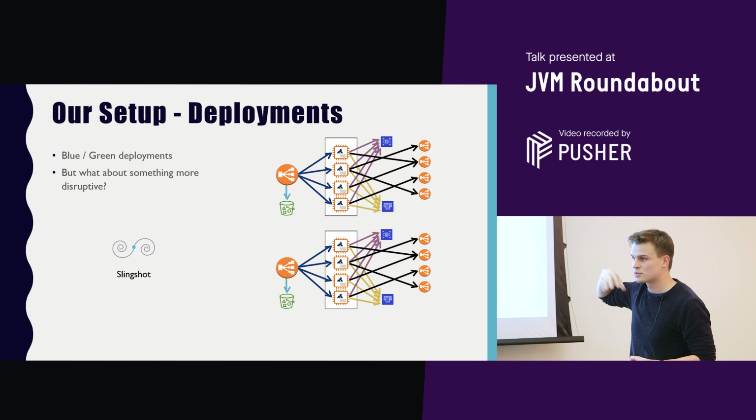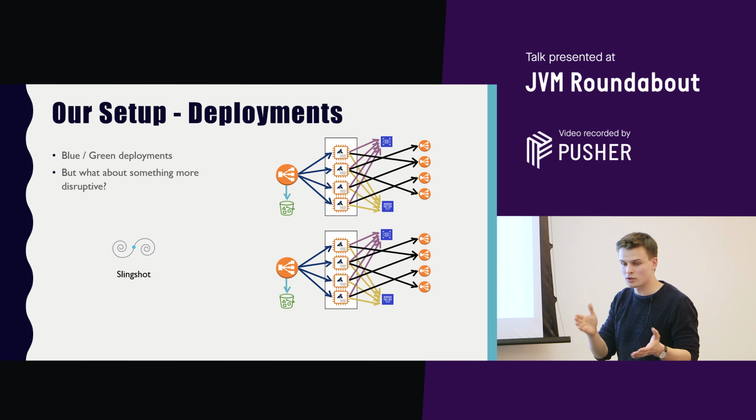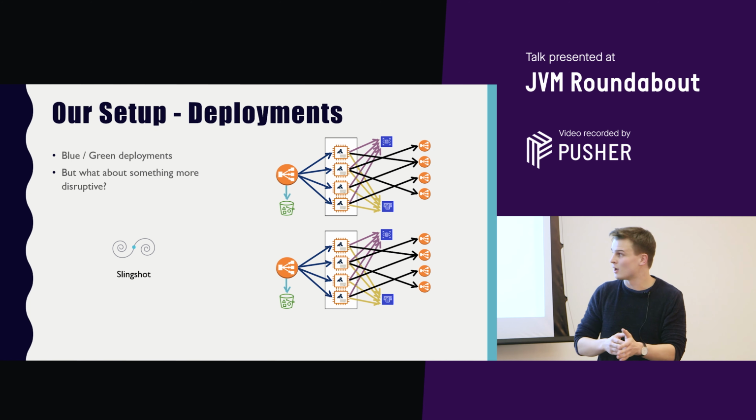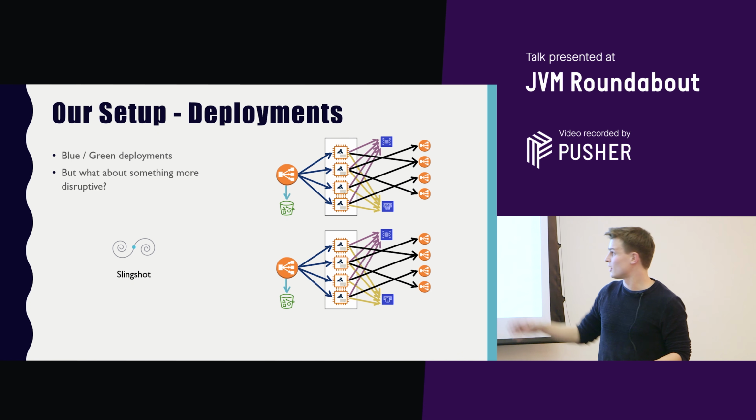They both have some DNS records, and Route 53 has these weighted endpoints, and that means when someone does a DNS lookup for your service, you can say, I want 99% of the time, give them this one. This is the one I know is good, it works. But 1% of the time, give them this one.